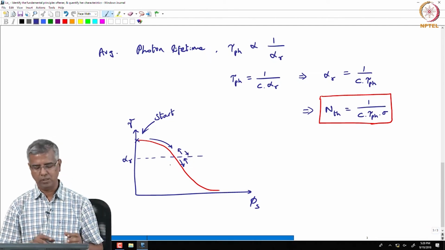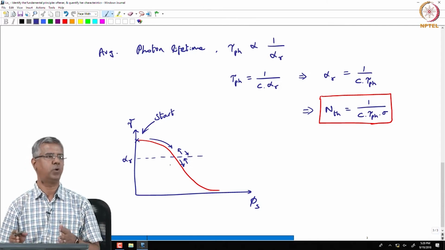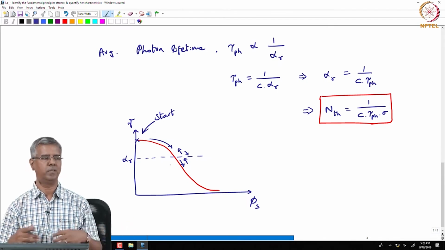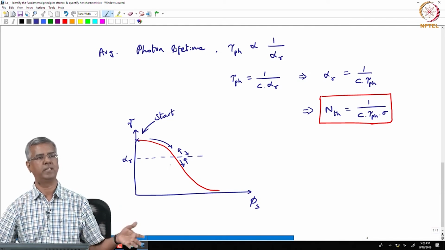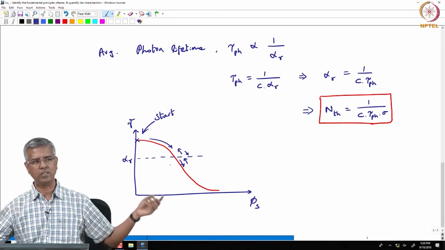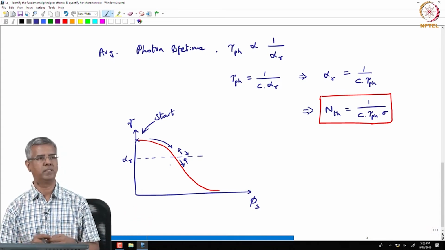So, from the point you start the laser, this is what happens. The moment you start pumping it, you start getting some spontaneously emitted photons. Those photons are going to bounce around, and they are going to create stimulated emission.